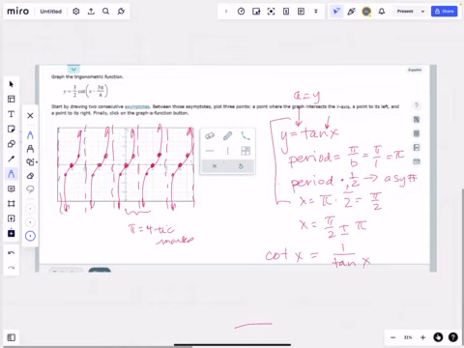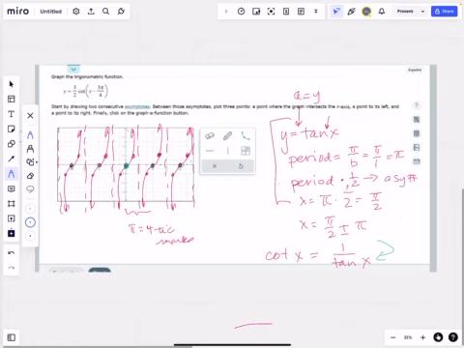What that means is that everywhere I see a 0 value, where tan of x is 0, my x-intercepts, if I put that in the denominator I'm going to get something undefined.